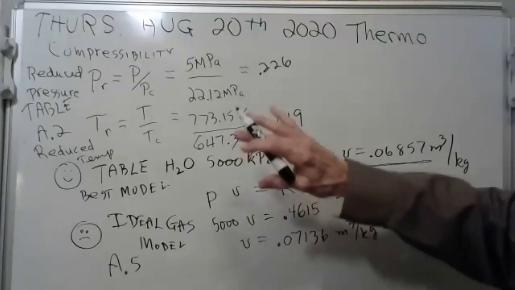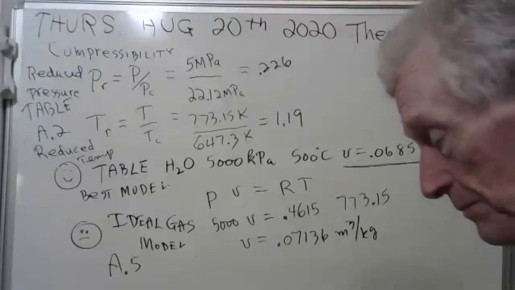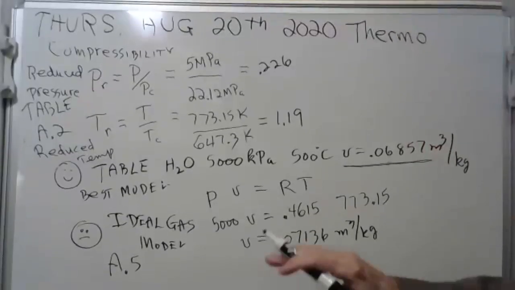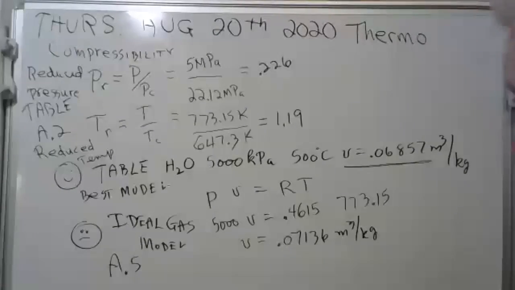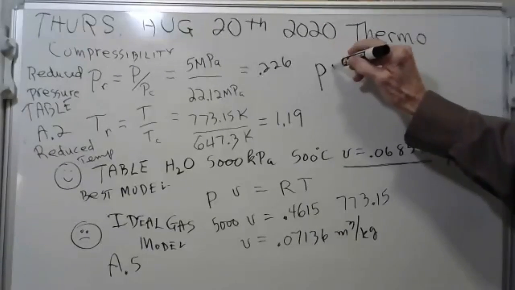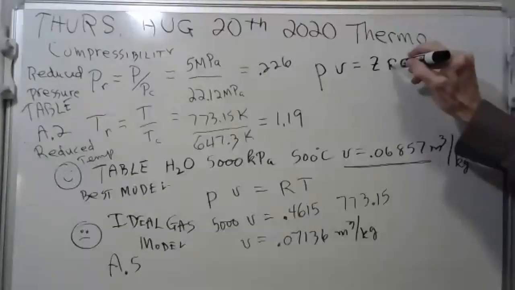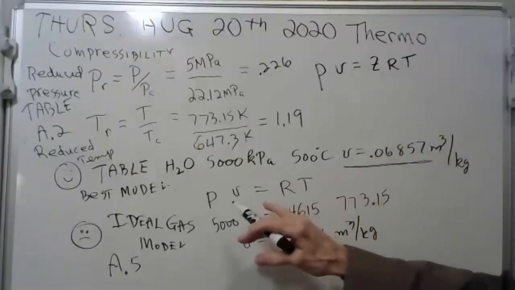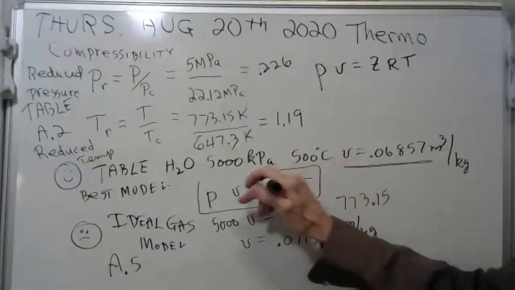Okay, now we've got one last step to go, and we're going to find the answer using compressibility. And here's your compressibility equation. Now remember, here was your ideal gas equation.